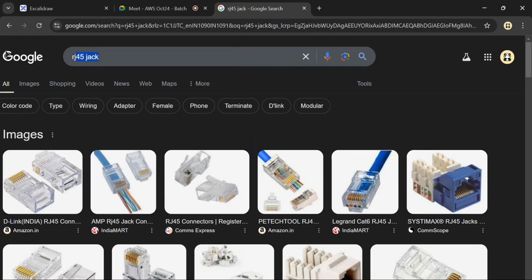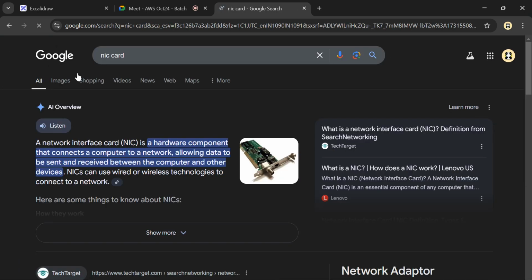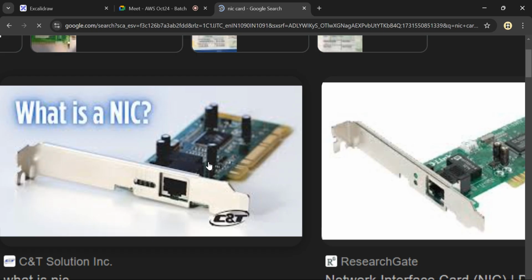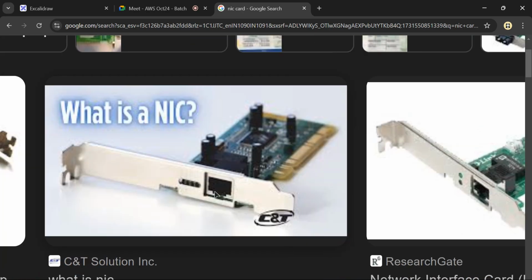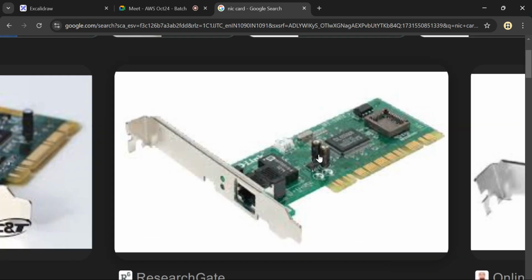Behind that Cat6 cable will be the NIC card. I've already explained what the NIC card is, which is responsible for the networking, right? So this is what will be there on the outside, and behind this there will be a green colored card like this, right?